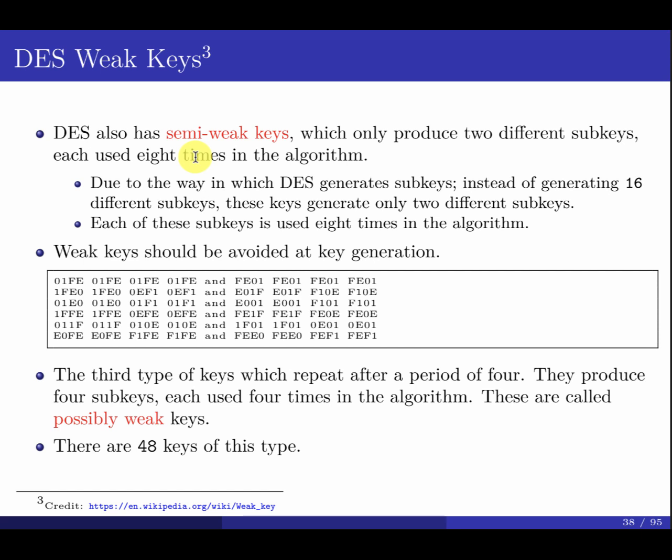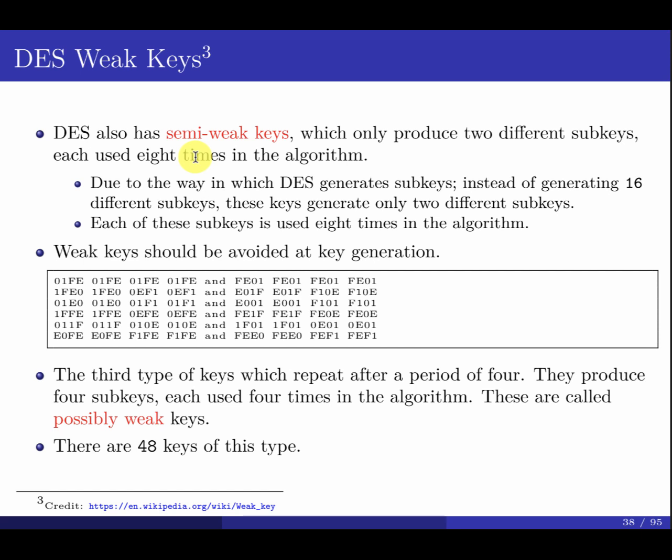So out of 16, actually you have only 2 different keys, and each key is going to be used 8 times within the algorithm. So you thought that you have 16 unique subkeys, but actually you have only 2 unique keys. For 8 rounds you're going to use the same key, and for the other rounds you're going to use the other key. That's bad. We don't like this one.